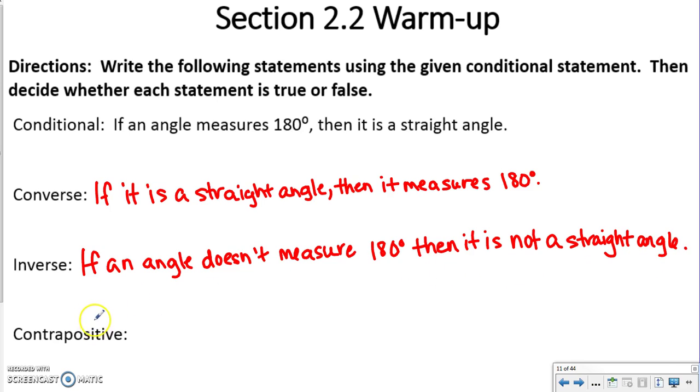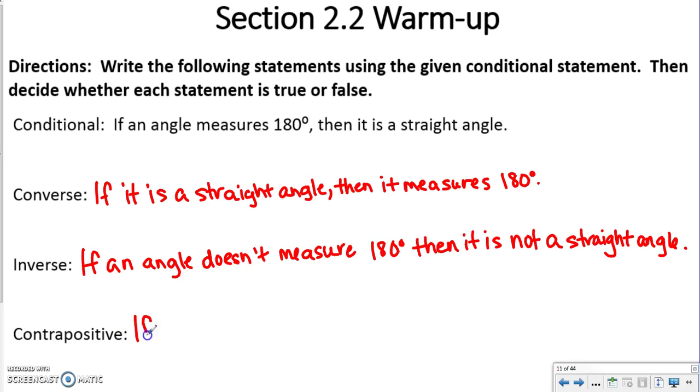Then the contrapositive is you are going to both switch and then negate. So really the inverse is already negated, so if you switch that, then that's the contrapositive. Or the converse is already switched, so if you take the converse and then negate it, that's the contrapositive. So either one works. I'm going to take the inverse and just switch that around because it's already negated.